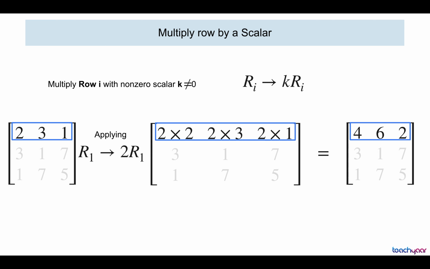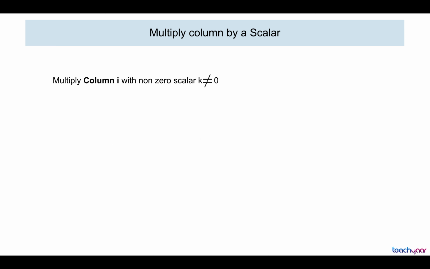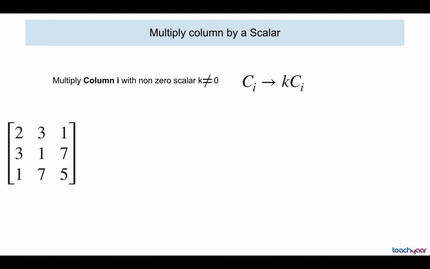I think this step should be very clear, and as you can imagine, you can do this for every column as well. You can take a column i from the matrix and multiply it by a non-zero scalar k, and that becomes the multiplying a column by a scalar elementary operation. Same matrix again, but now I'm going to take the first column and apply the operation where the first column becomes 2 times the first column.